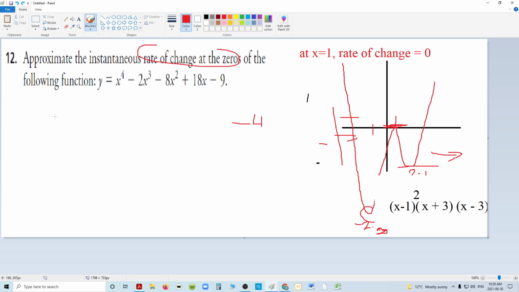Okay, so that's when x is minus 4, when x is minus 3 or 2, I'm going to find the y values, and I'm going to do essentially a slope. All right. When x is minus 4, 4 to the 4, it will become positive first of all, will become 16, 64, 256.